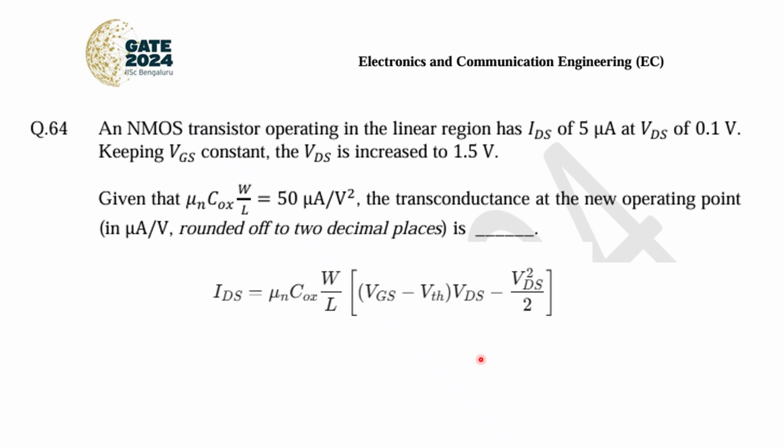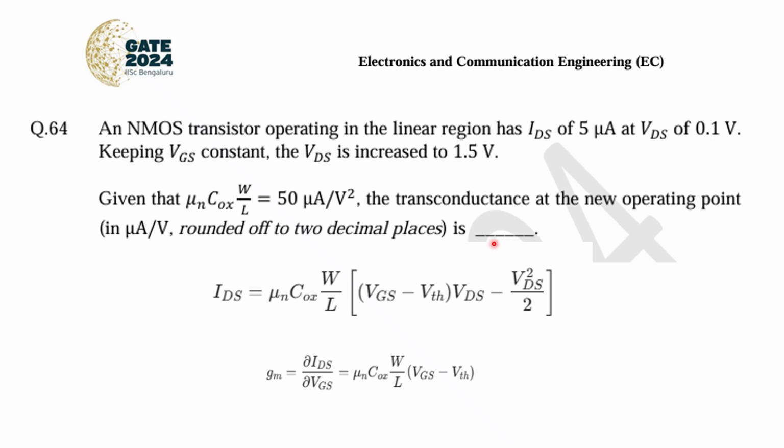In the saturation region, what will it become? In the saturation region, you have to replace VDS with VGS minus VTH. In that case, your equation will become μCox W/L into (VGS minus VTH) whole squared by 2, right? But in this case, since the question is related to the linear region, we will use this equation, right?